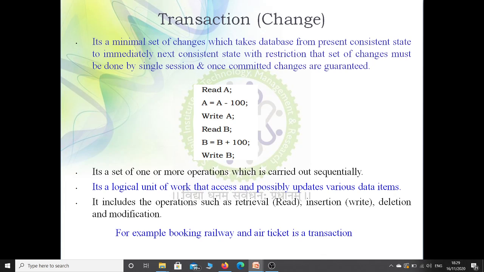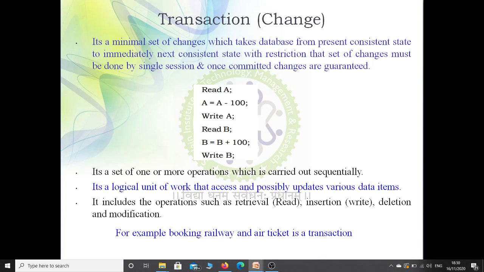It is not the case that some changes are made by one session and other changes by another session. All the changes should be made by only one session, and once committed, changes are guaranteed. That means once you make a change, it should remain as it is.